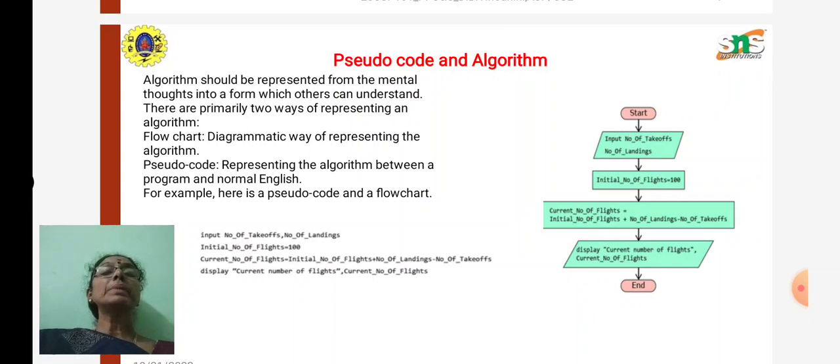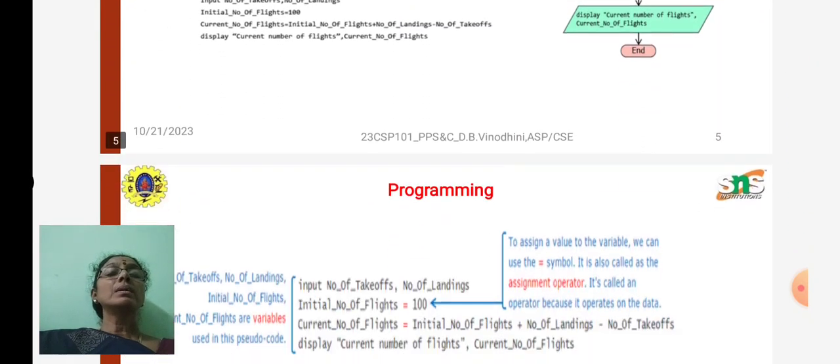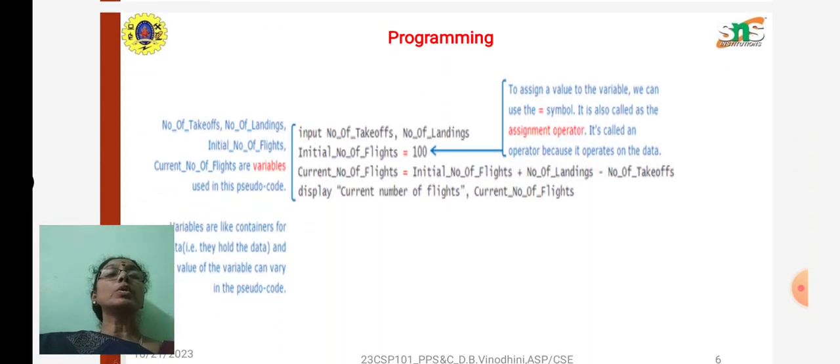Pseudocode means we use normal English to represent the code. In programming, we convert those statements into the programming language we are going to use. Based upon that, we represent the programming steps.